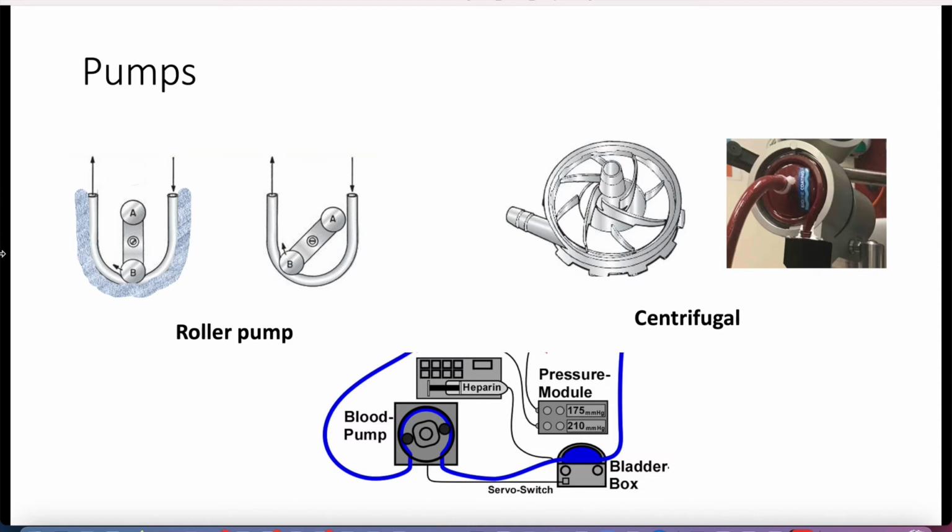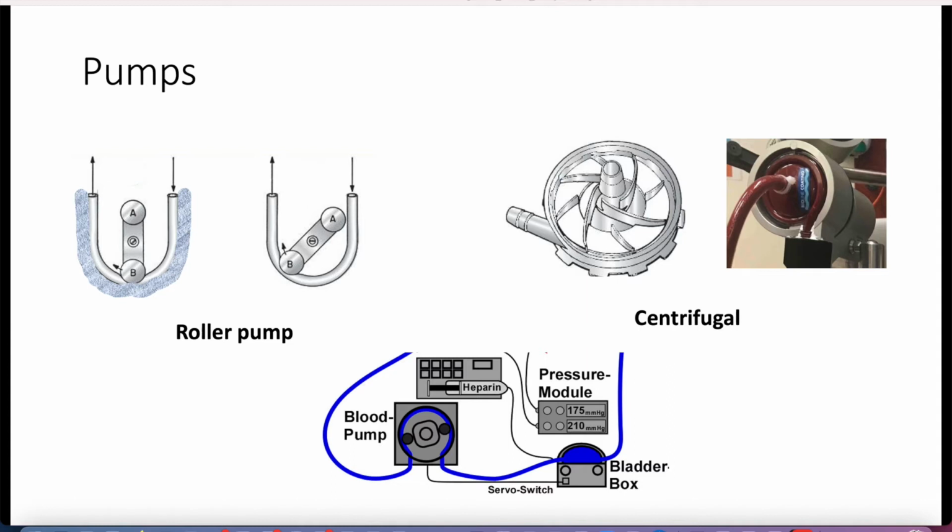Flow is determined by the speed of the roller, the size of the tubing, and the length of the tubing that is compressed each time the roller goes around. As I said, the flow is very dependable, and it is not dependent on the resistance or afterload.